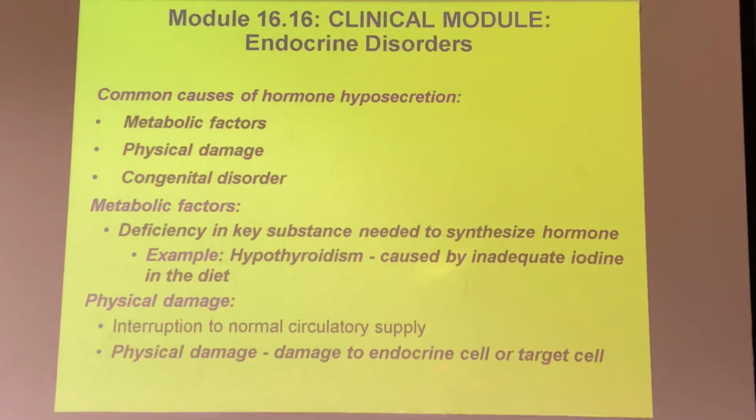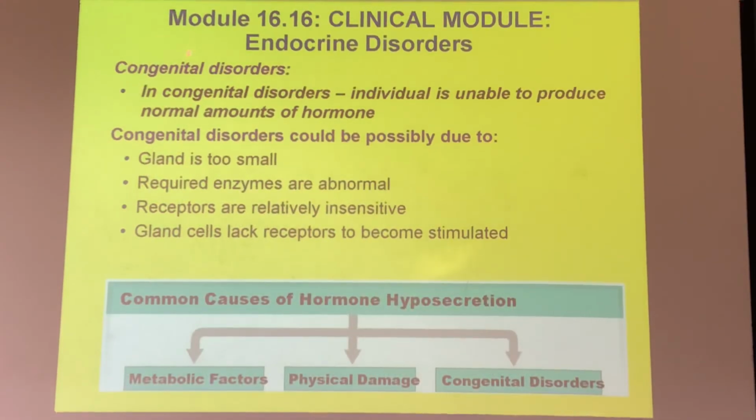Even if the endocrine cells are okay, the target cells don't get the hormone because those target cells are damaged. Congenital disorders means you are born with that, so you are unable to produce a normal amount of hormone. So this summarizes metabolic factors, physical damage, and congenital.